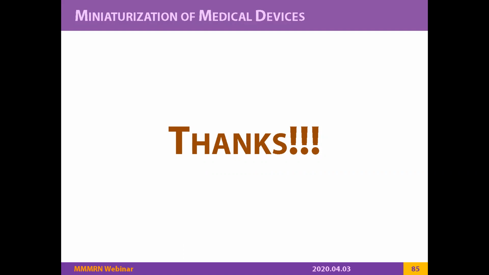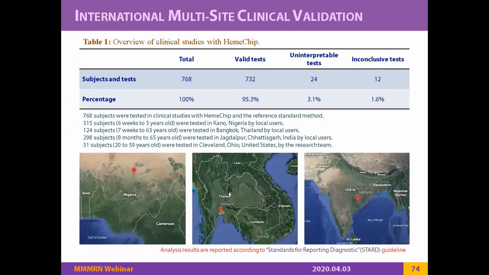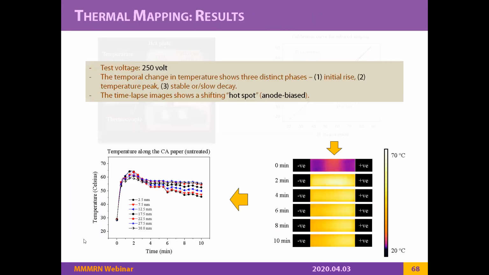But if we could stop the evaporation, that would definitely impact the temperature on the cellulose acetate paper and the pH. What the evaporation does is cool the cellulose acetate paper. If we don't allow the evaporation, the paper will get even hotter. You've seen that we start from room temperature; I'll quickly go back to that slide. We start from room temperature and the temperature goes to like 60, 70 degrees centigrade.